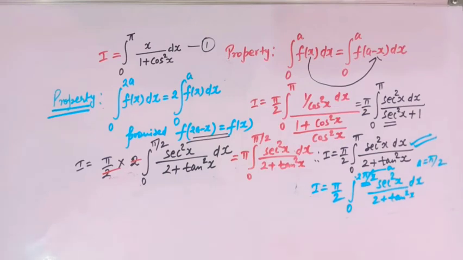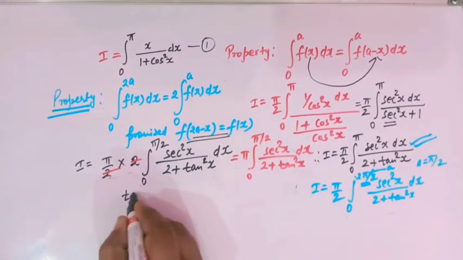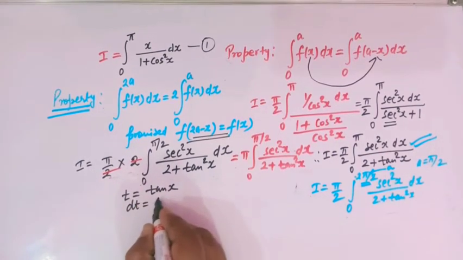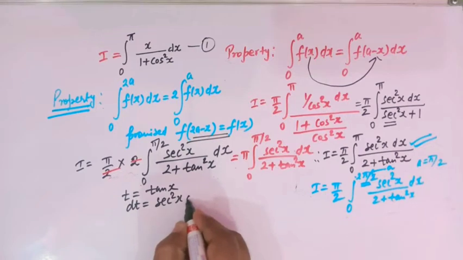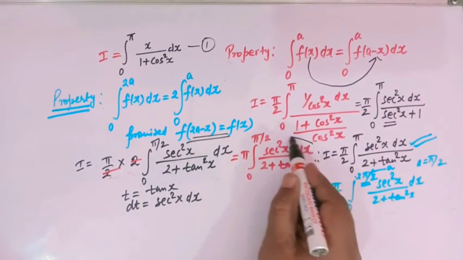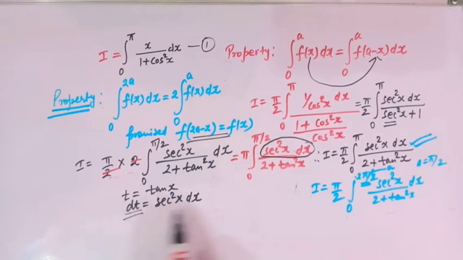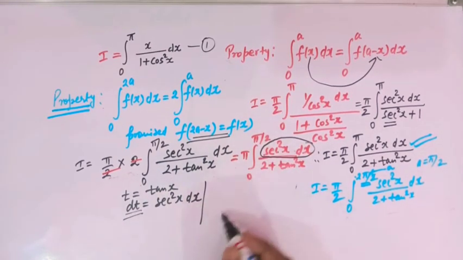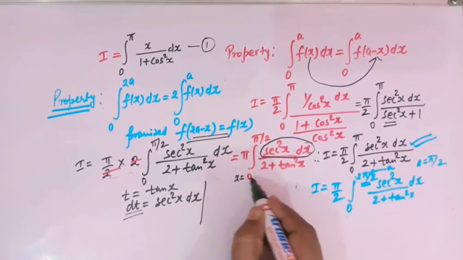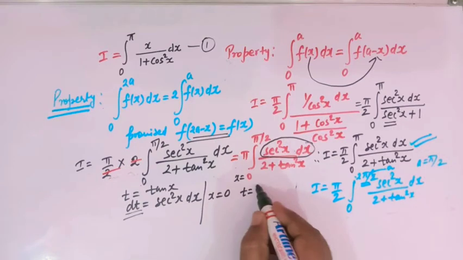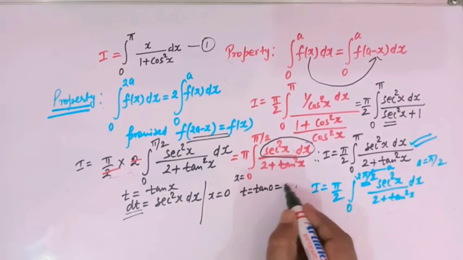Now we'll make use of the method of substitution. We'll put t is equal to tan x, so dt is equal to secant square x dx. For secant square x dx we can write dt, and for tan x we can write t. Now we can change the limits. When x is equal to 0, t is tan 0, that is 0.